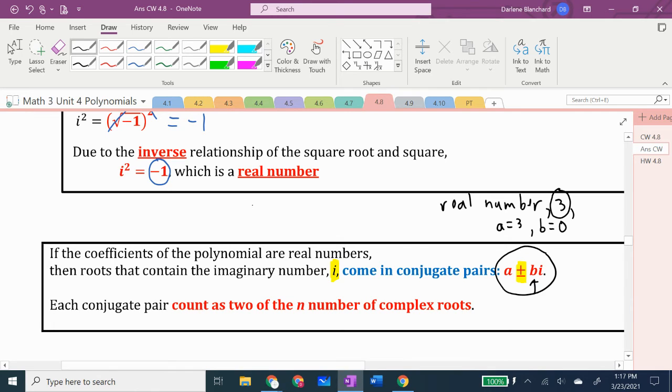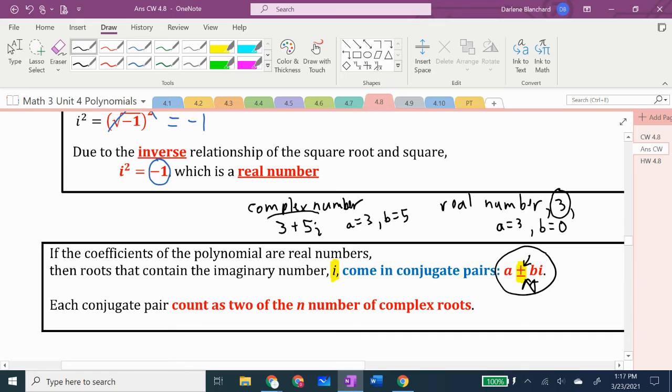But if you had the complex number, let's say 3 plus 5i. In this case, a is equal to 3, b is equal to 5. And if the plus is creating one of the complex roots, then the minus has to come with it.